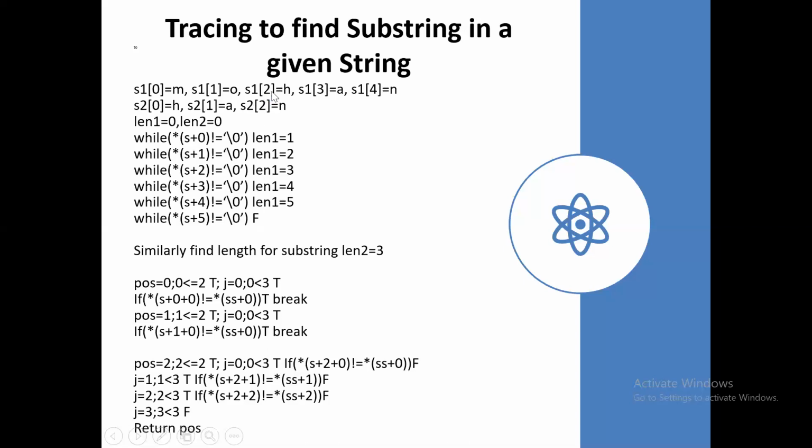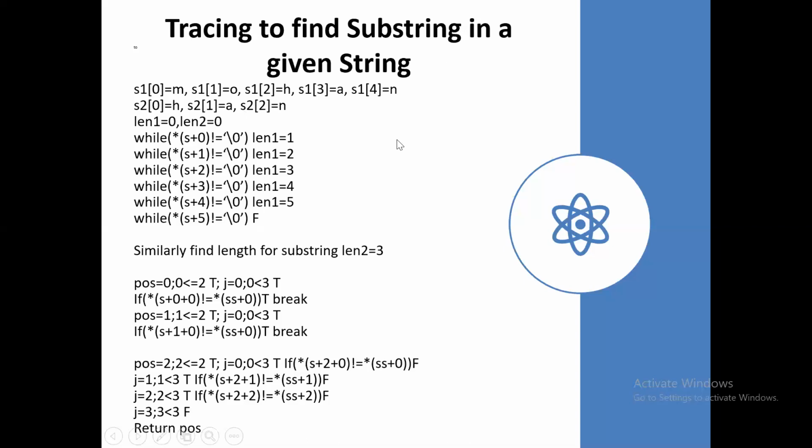As a good programmer, what is your duty? You need to write it the correct way and print the position. That's why return position plus 1. That's why this HAN is available at the third position as the string matches. This is how you find a substring in the given string.